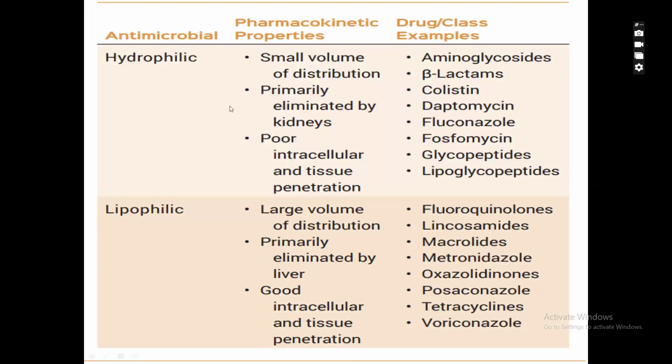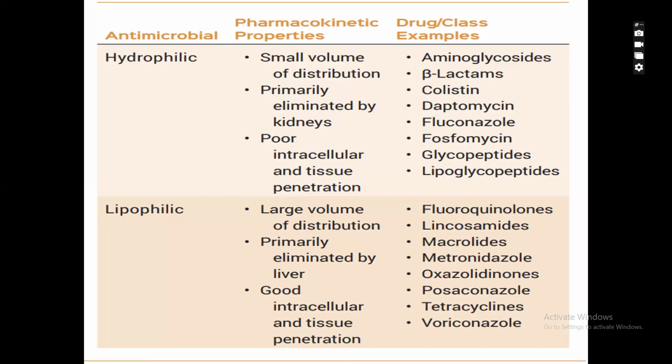So these are the examples. Hydrophilic drug, see what I have said, has a small volume of distribution. Obviously, it will be eliminated by the kidney because kidney loves water. So hydrophilic drugs will go towards the kidney, but the bad part of it is poor intracellular tissue penetration. So why are we reading PKPD?